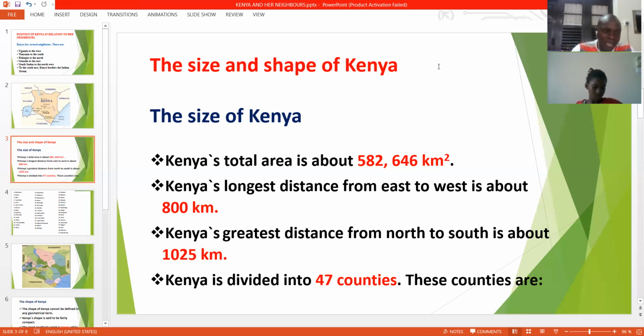Sorry, I said there are 5, but there's supposed to be 6 coastal counties, right? Yeah. That is from Mombasa up to Tana River. So can you locate the positions of Mombasa? Can you actually see Mombasa? Yes. Okay, can you identify Kilifi? Yeah.